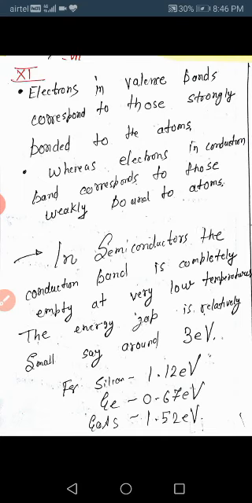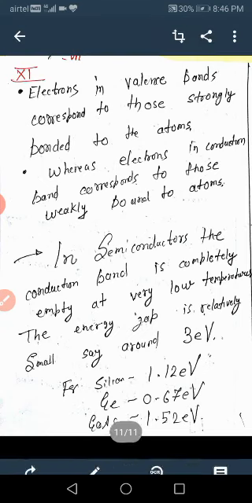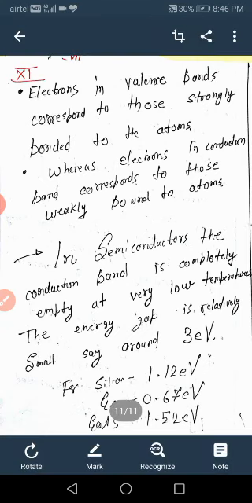So the electrons in the conduction band are those electrons which were very loosely bound to their parent atoms, and by some elevated temperature or by any other source of energy, by some light source or by some electric field, those electrons gain sufficient energy to break the bond, and then those electrons are in the conduction band.